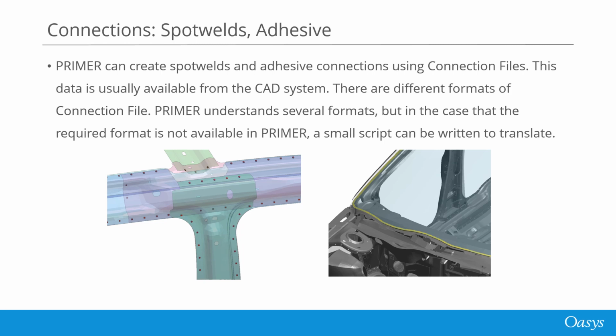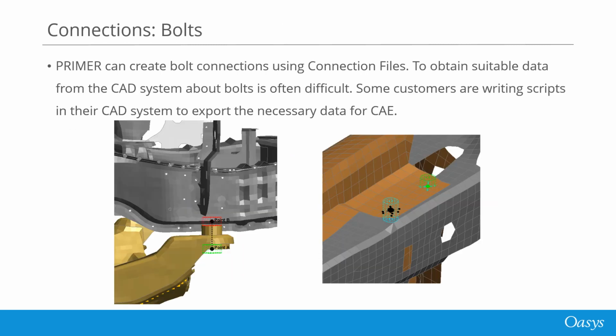And this data is usually available in a CAD system or a PLM system, and Primer can read that information, translate it, and convert it into the LS-DYNA representations of connections that you want in your model. Bolts, again, same as Spotwelds and adhesives, Primer can create the relevant FE for the way that you model bolts within your company.